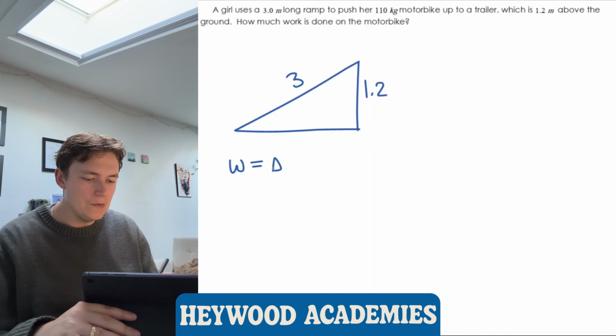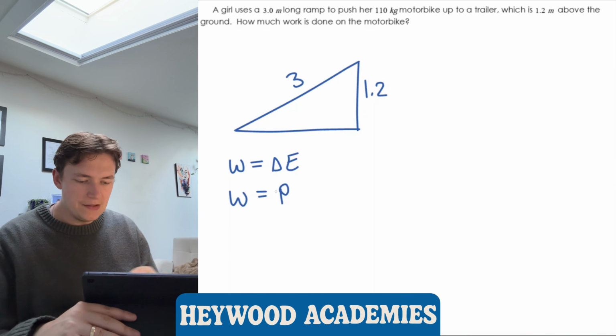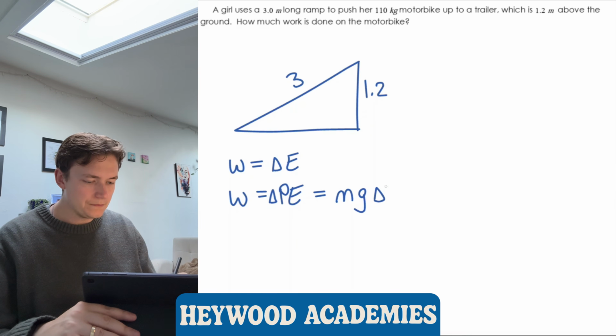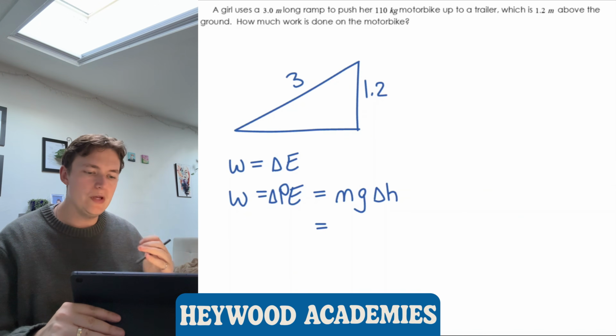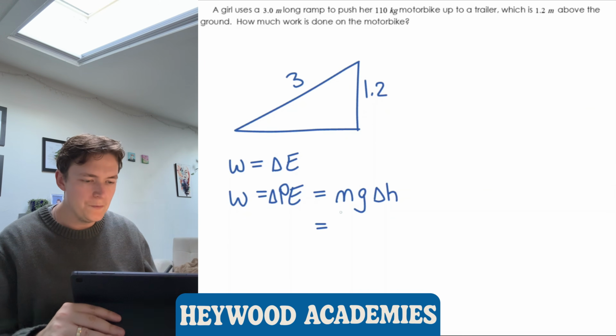So you could think of it as, this is probably an easier way to set up this equation, work is equal to change in energy. And the change in energy in this case would be our change in potential. So this would be change in potential energy, which is going to be mg delta h. So delta h is always measured vertically in this case, so we don't actually care that it went 3 meters along the ramp. All that we care is that we went up by 1.2.